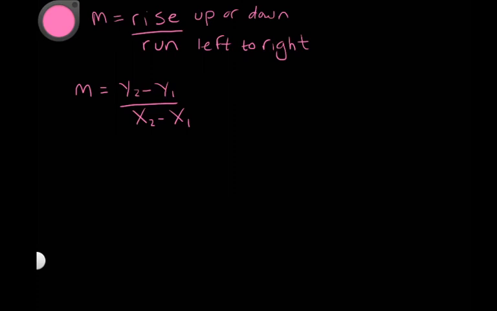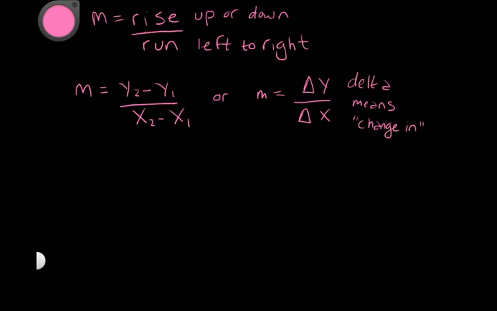Sometimes this will also be referred to as m equals delta y over delta x. That's a triangle, because delta means change in. So we're looking at the change in the y values divided by the change in the x values.